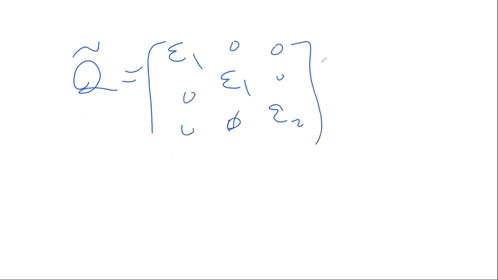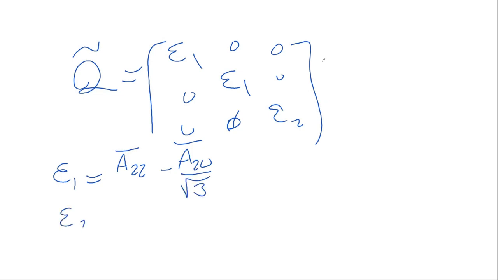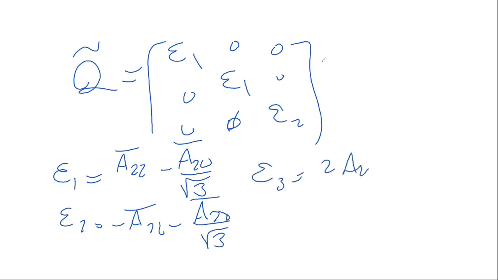This is called diagonalization in linear algebra. And it is not very difficult to conclude that epsilon 1 will be (Ā22 minus Ā20) over square root of 3, epsilon 2 will be (minus Ā22 minus Ā20) over square root of 3, and epsilon 3 is 2Ā20 over square root of 3.